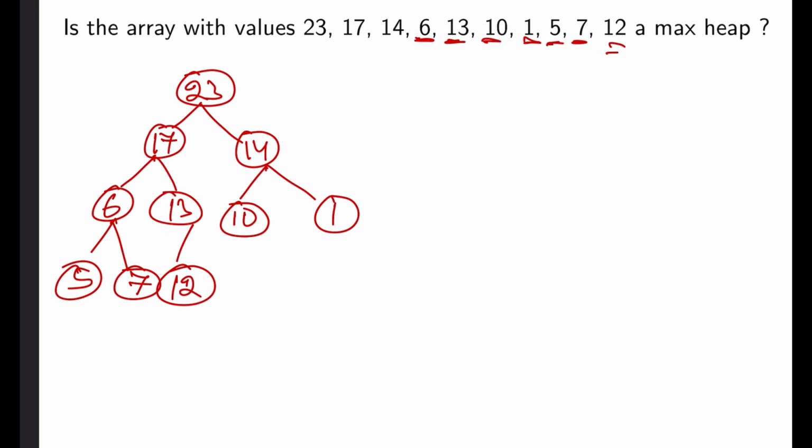its children or not. 23 is greater than 17 and 14, so it is okay. Now 17 is greater than 6 and 13, so it is also satisfied. 14 is greater than 10 and 1, it is also satisfied.